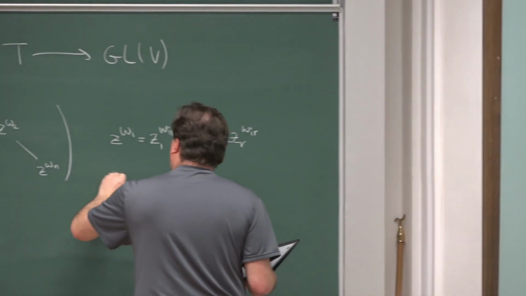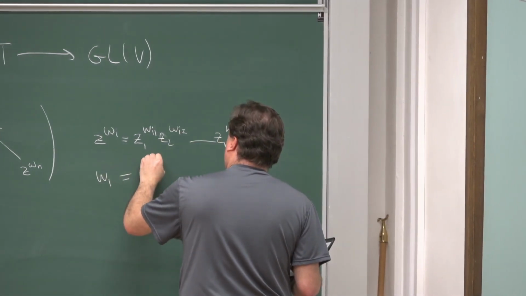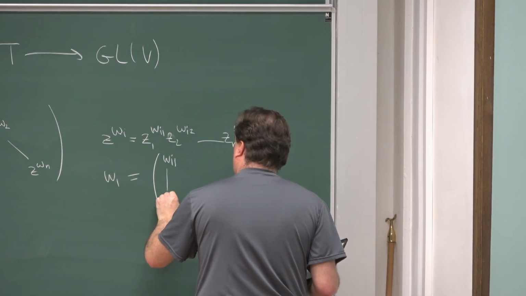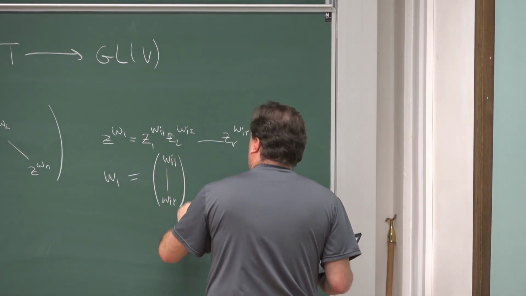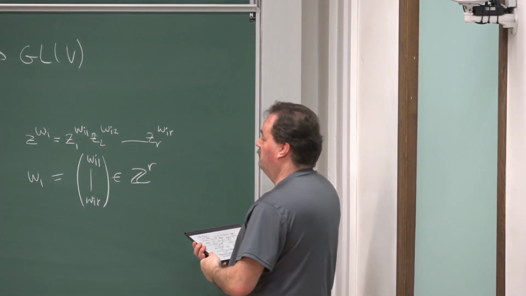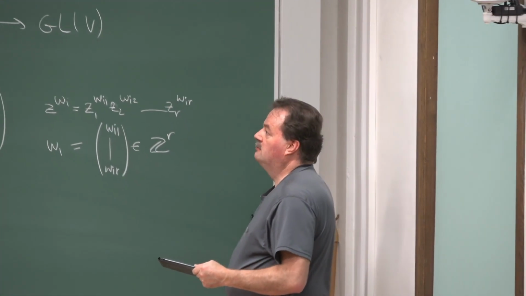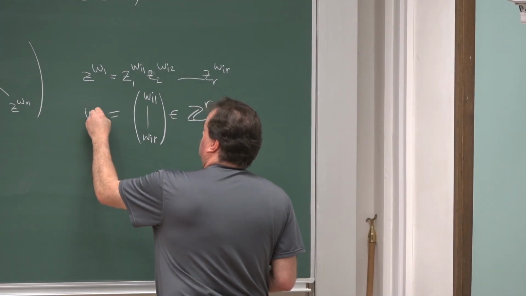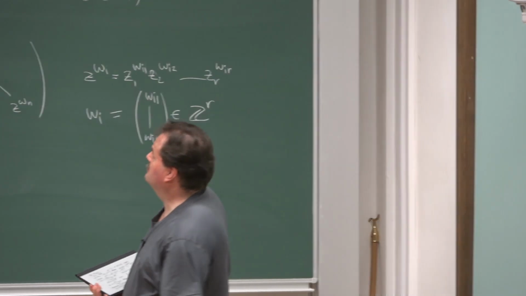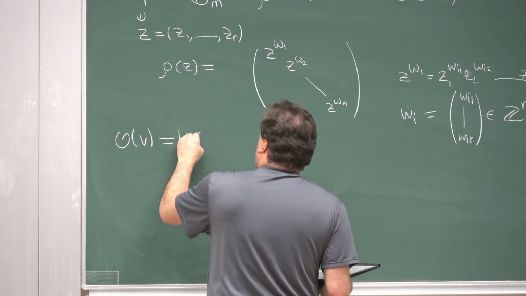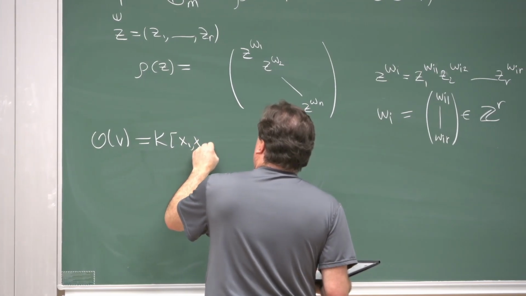Okay, so think of this omega_i as a vector, ωi1 up to ωir in Z^r. That's the weight of the ith coordinate. So this V, you can think of that as the polynomial ring in n variables.